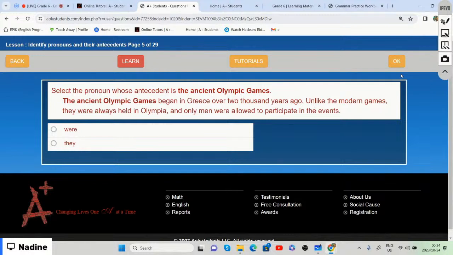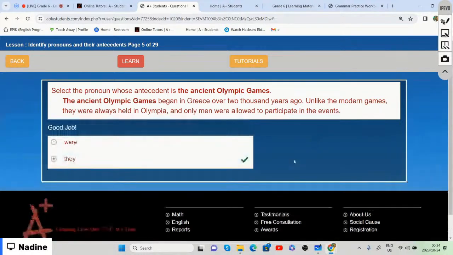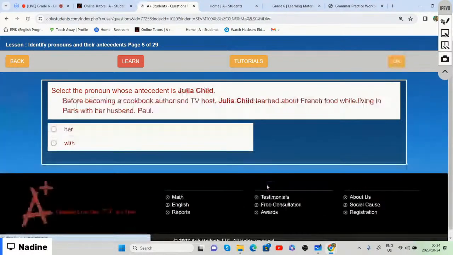All right, so if we select the pronoun whose antecedent is the ancient Olympic Games, then we can say they. And they is correct.